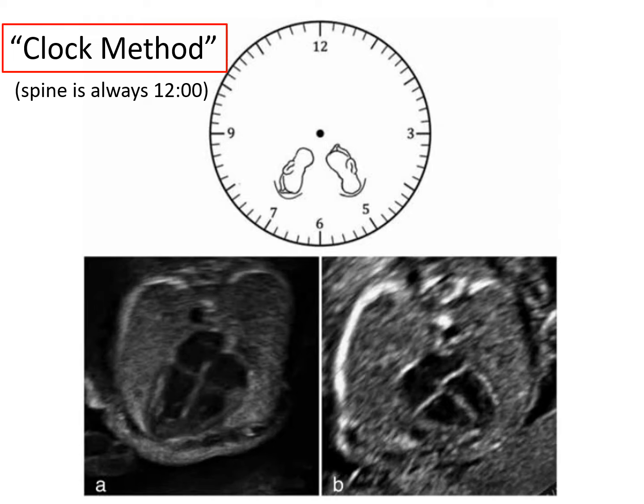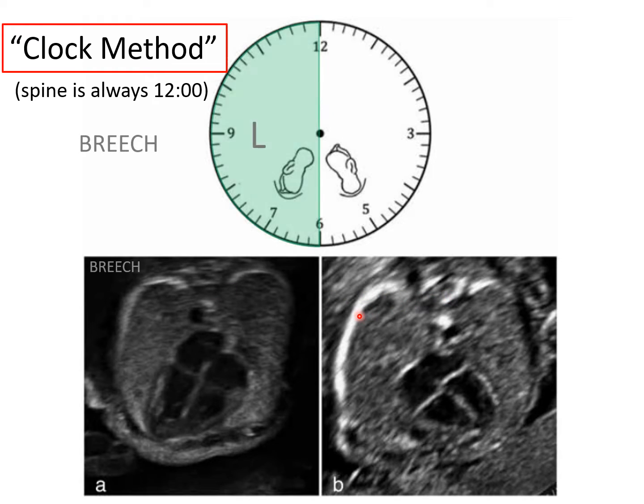The clock method is a very effective way to evaluate cardiac situs. The way this is done is we treat the transverse fetal thoracic four-chamber view as a clock face, where the spine is always going to be 12 o'clock.